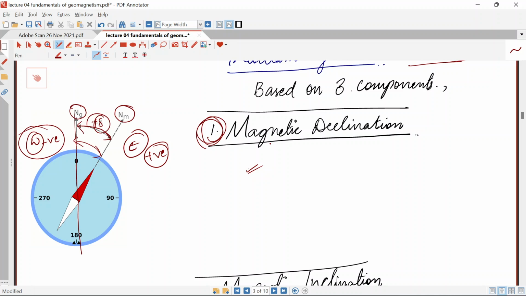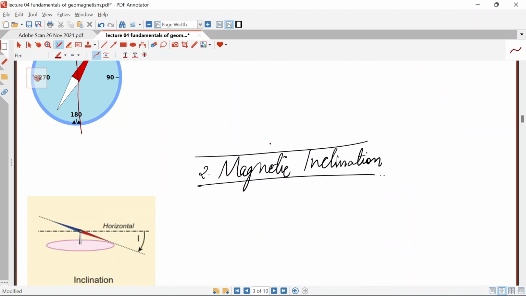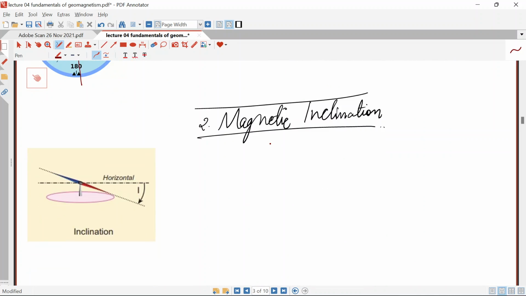And then next, the second component given by William Gilbert is the magnetic inclination. Magnetic inclination is nothing but, if you do an experiment, if you take a bar magnet which has a north pole and a south pole, and also take a needle which has a north pole and a south pole.